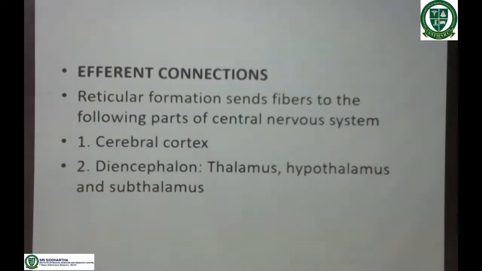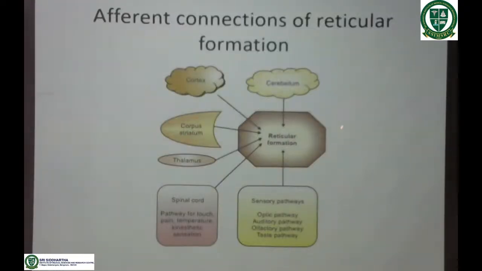Next, efferents. The reticular formation sends fibers to the following parts of the CNS: the cerebral cortex and diencephalon, which includes the thalamus, hypothalamus and subthalamus. So this is the flow diagram showing the afferent connections of the reticular formation.